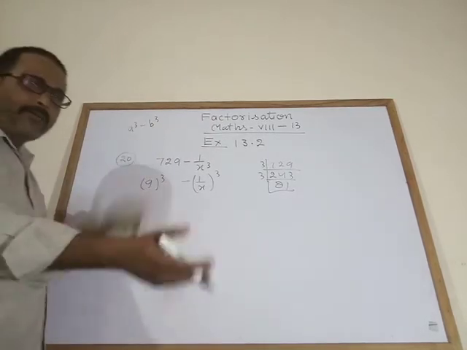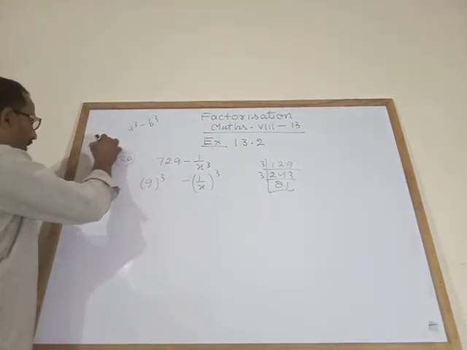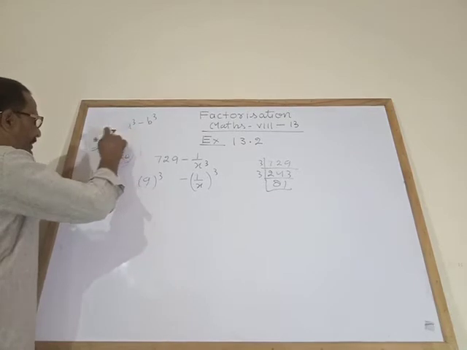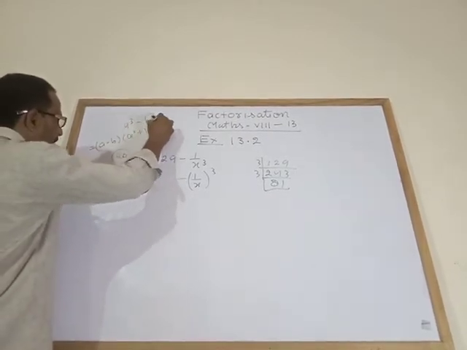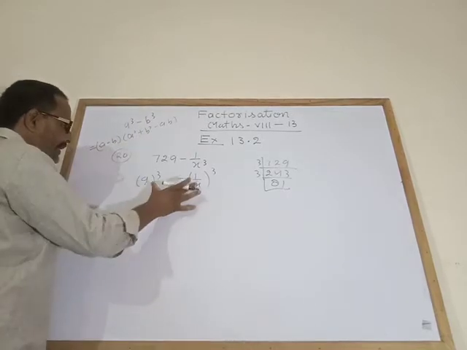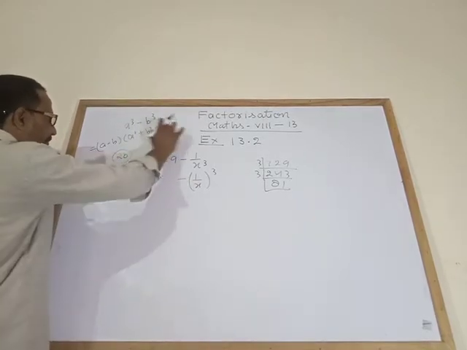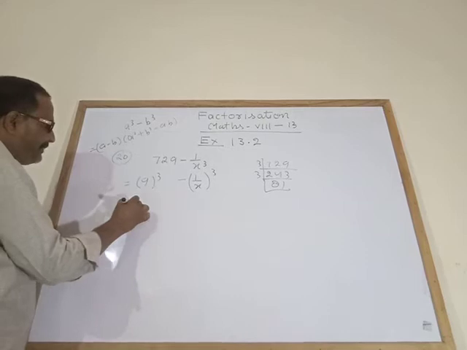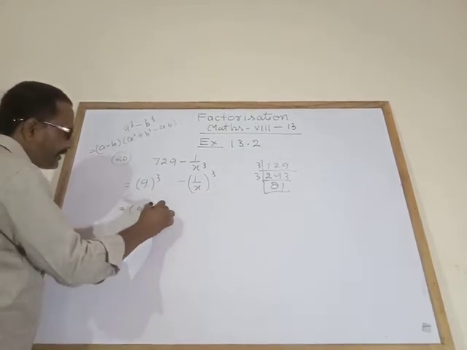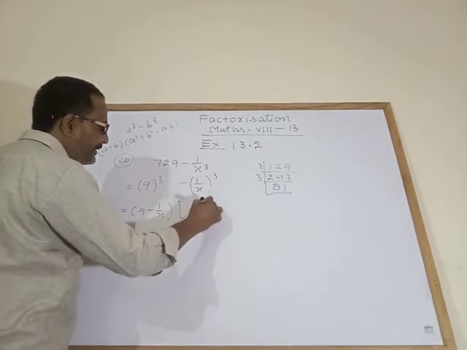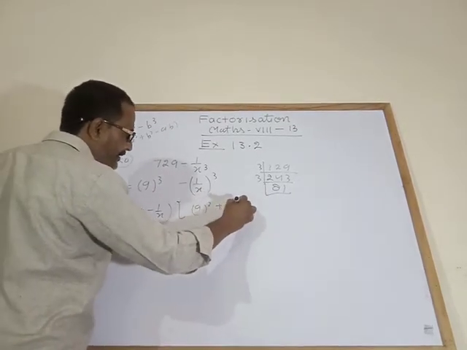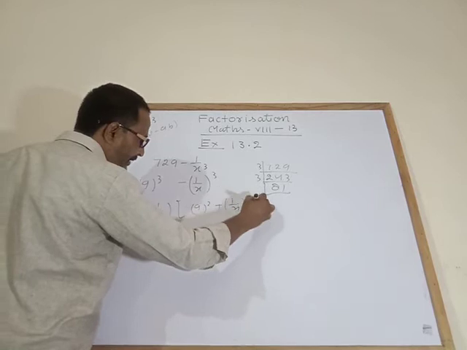So what is the formula next? (a minus b), in bracket a square plus b square plus ab. Expand this in this form: 9 minus 1 upon x in other bracket. a square means 9 square plus b square means 1 upon x square.